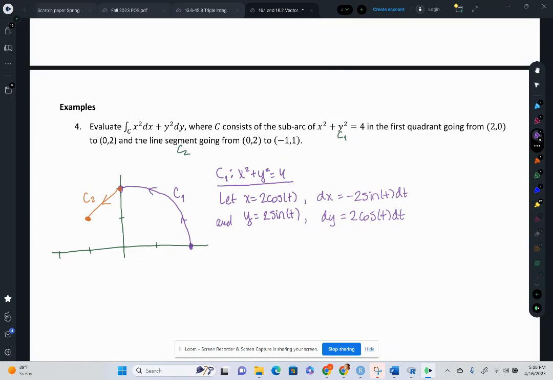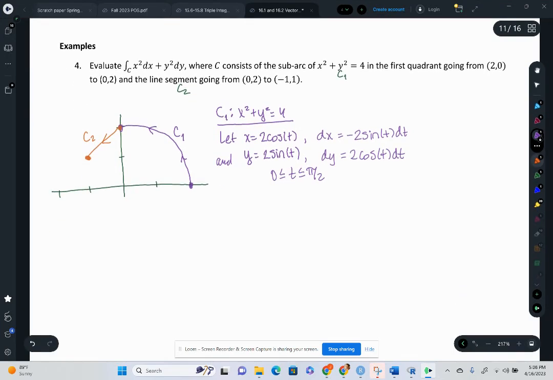But now I also need to know, what is t doing? Well, I can see that we're in the first quadrant only, so t goes from 0 to pi halves. That will take care of my C1. For C2, I have a line segment, and I could come up with the function that models it.